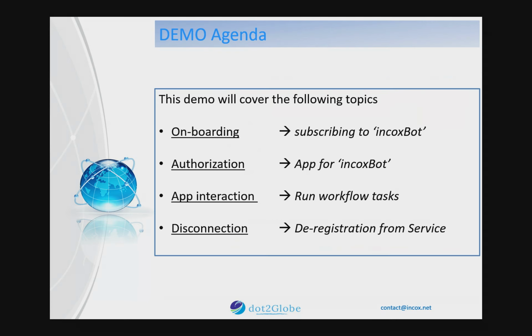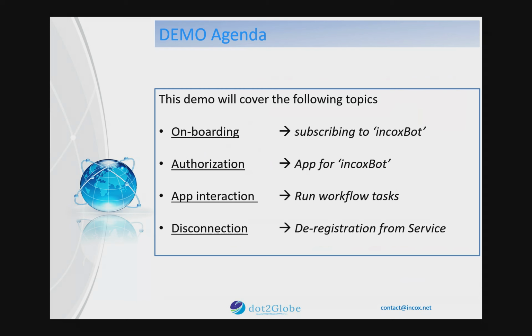Now we will go to the demo. In the demo, we will showcase the onboarding. The onboarding part covers how you can subscribe to the bot in Zoho Cliq, and how you can add the bot to your channel and start the interactions. Second, we talk about authorization.